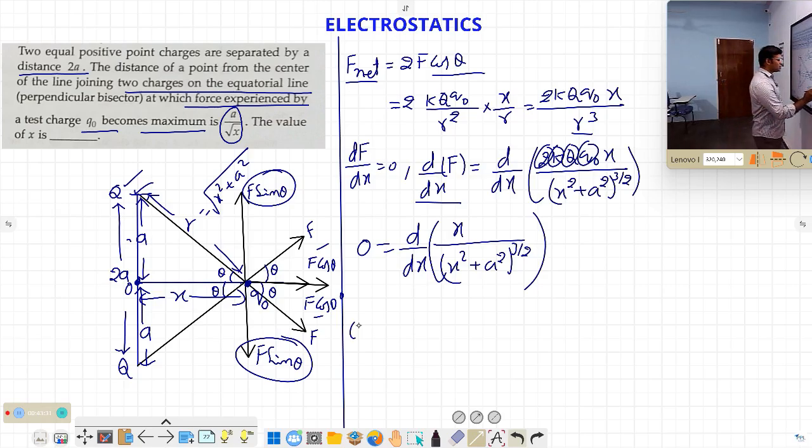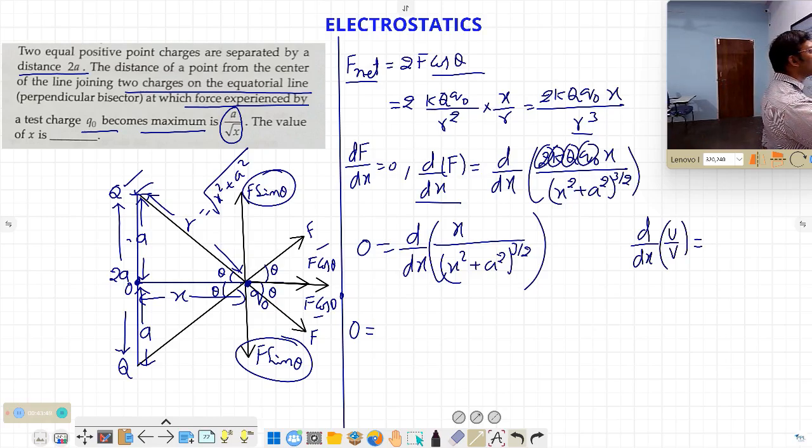It is in the form of u by v, and whenever we are dealing with u by v form, we use the formula d by dx of u by v is equal to dv by dx into u minus v into du by dx, by v square. I can use this formula.